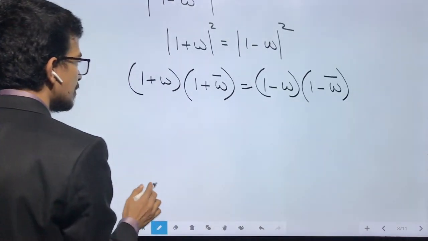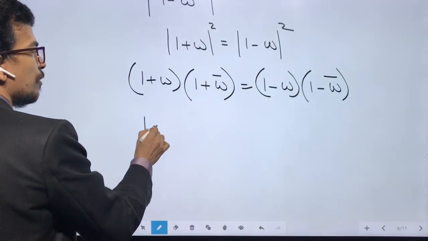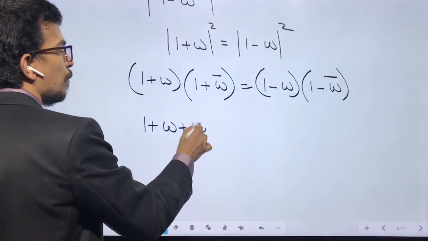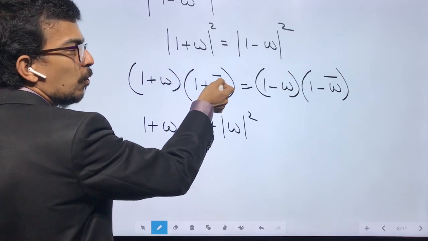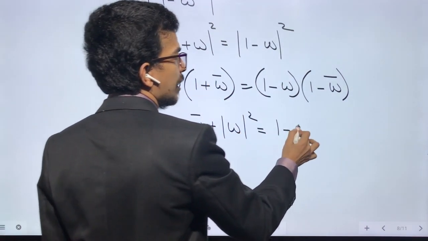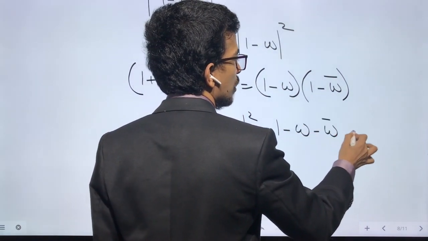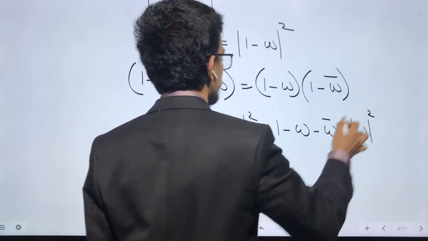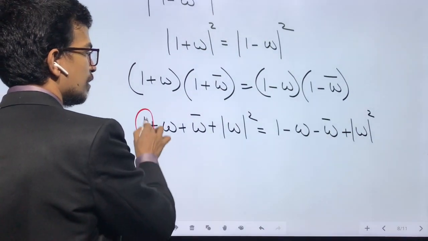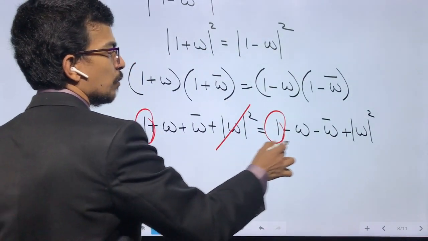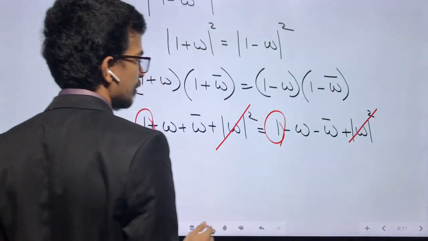So let's simplify and see what happens. It will be 1 plus omega conjugate plus modulus of omega square. Why? Because omega into omega conjugate. On the other side, 1 minus omega conjugate plus modulus of omega square. So 1 gets cancelled, modulus omega square gets cancelled.